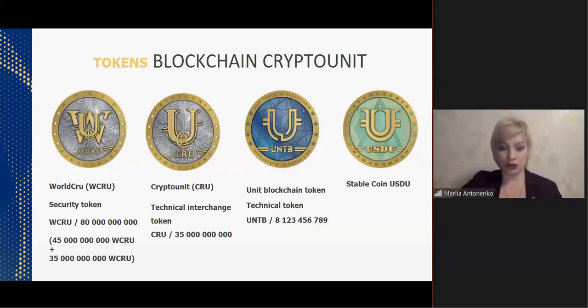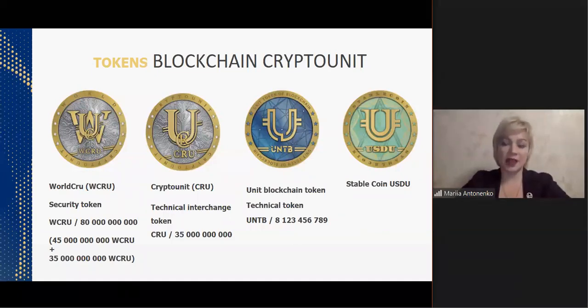You may have read the news that in a short run, we will stop sales of educational packages, including our favorable crypto unit token, CRU token, and we will start selling World CRU security token through UGPay back office.